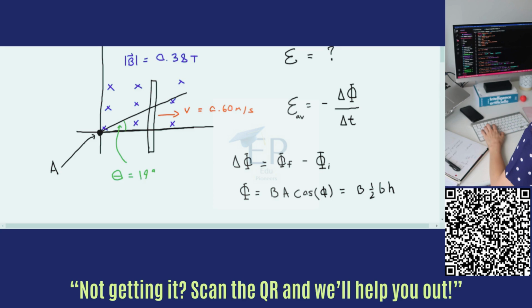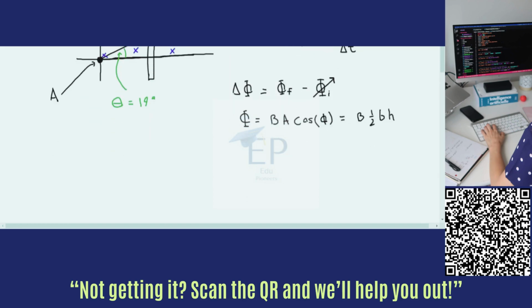But anyway, so the initial flux we said is going to be 0, and the final flux is just going to be equal to this expression here we wrote for the general flux, where we'll have to figure out what this base and this height are going to be.